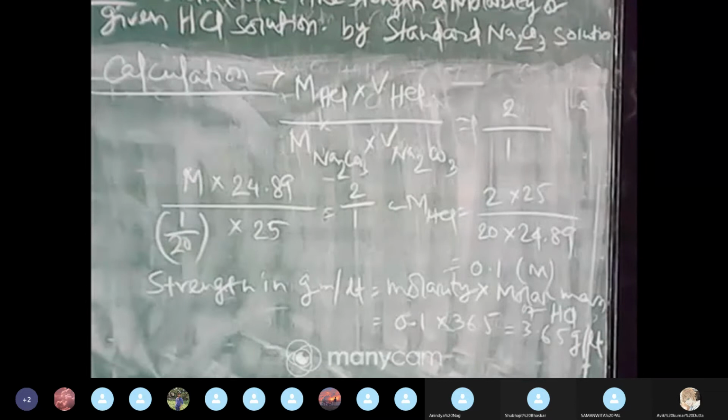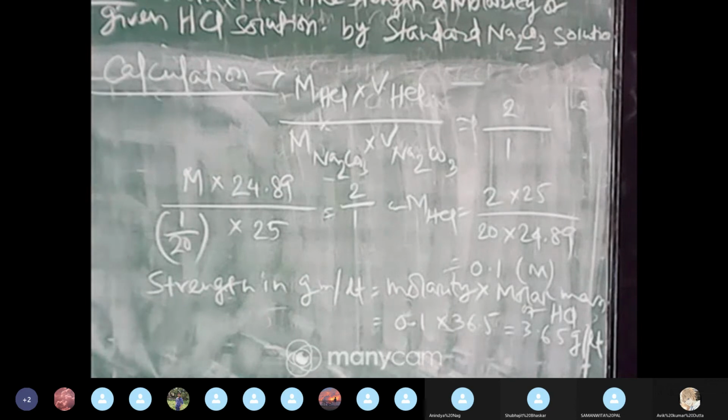M of HCl by T of HCl, M of sodium carbonate, T of sodium carbonate, that is the numerical coefficient of that particular constituent in the balanced equation. For HCl it is 2, for sodium carbonate it is 1, because 1 mole of sodium carbonate consumes 2 moles of HCl. M of HCl is unknown, equal to 0.1 molar. Strength in gram per liter is molarity into molar mass of HCl, 0.1 into 36.5, equal to 3.65 gram per liter.